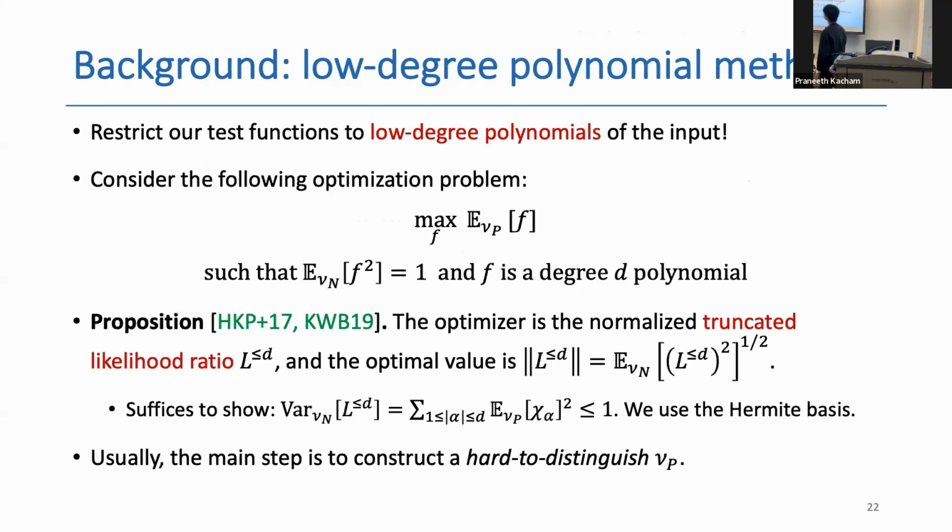Basically we wanted to show that this optimization problem's value is quite small. And by some calculations, it's not too hard to see that this really comes down to proving this.